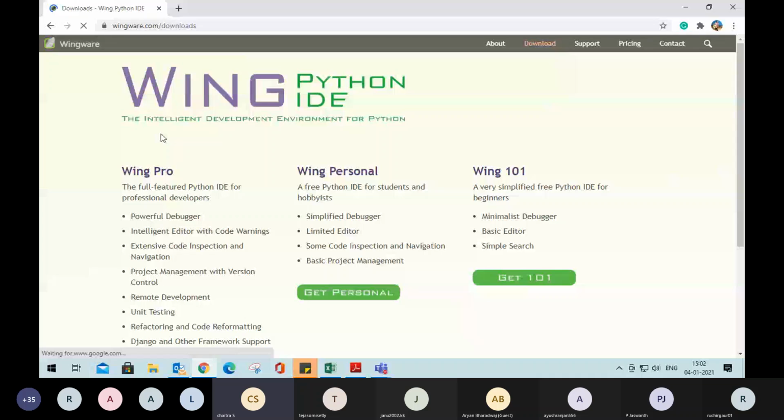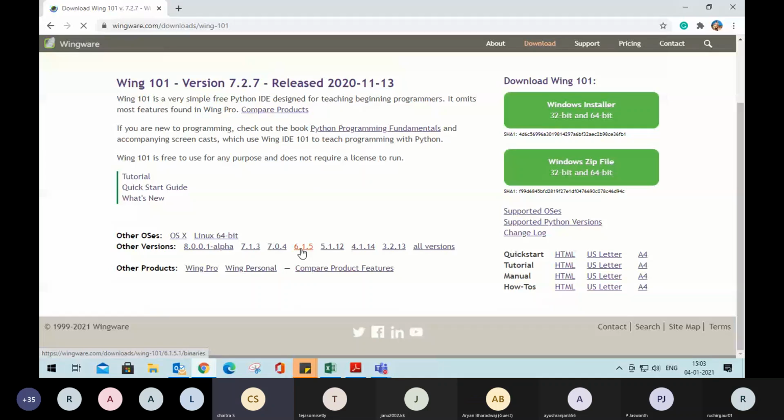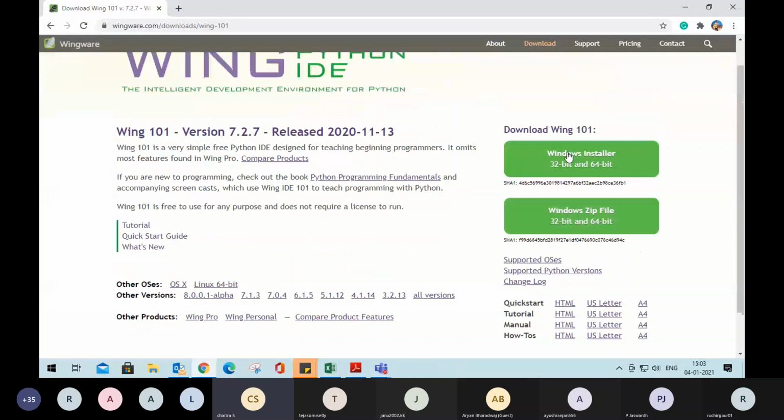Once you click on it, you can see the Windows installer for 32-bit and 64-bit, and the Windows zip file for 32-bit and 64-bit. You can use the 6.1.5 version or the 7.0.4 version, anything is fine, not the 8.00 version. Here you can select which operating system, etc., and directly click download.